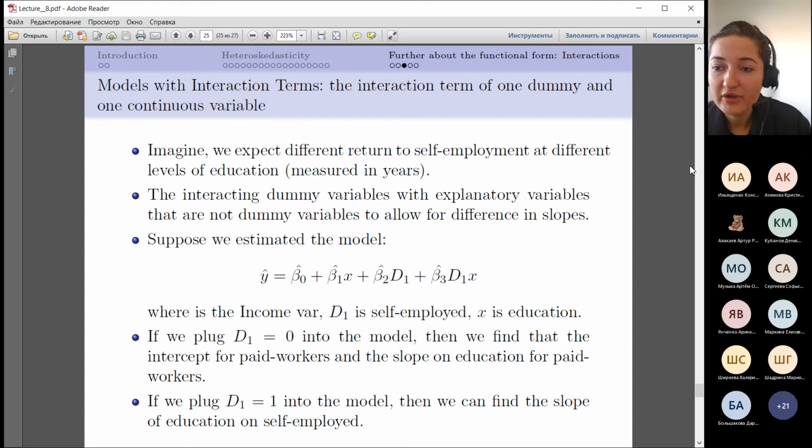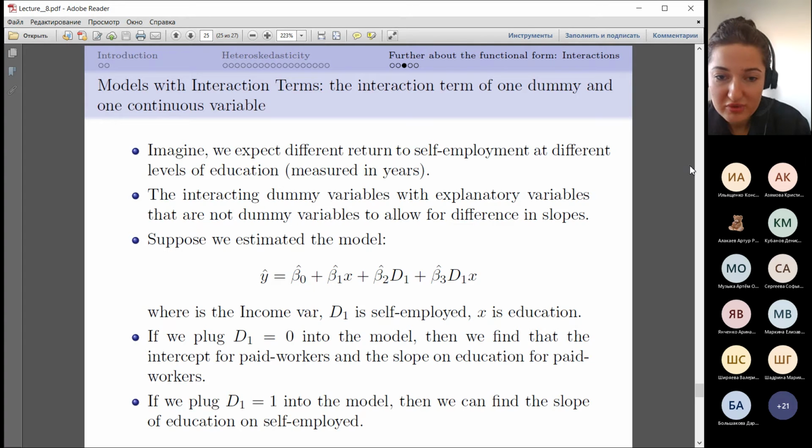And here the important hypothesis is that the return to education is not the same for paid workers and self-employed respondents. So the main hypothesis is that we will see the difference in the return to education in income, how education affects self-employed and how education affects paid workers.